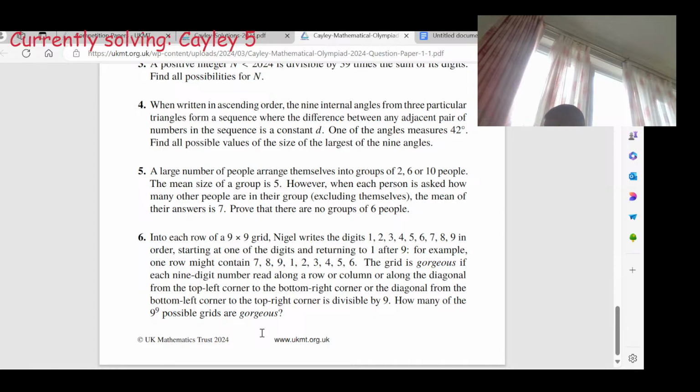Okay, so we do some simple algebra. 2x plus 6y plus 10z equals 5x plus 5y plus 5z. 2x plus 30y plus 90z equals 7x plus 7y plus 7z. y equals 3x minus 5z.